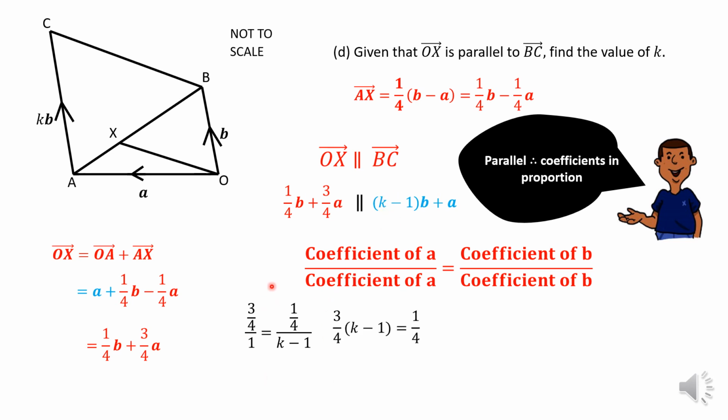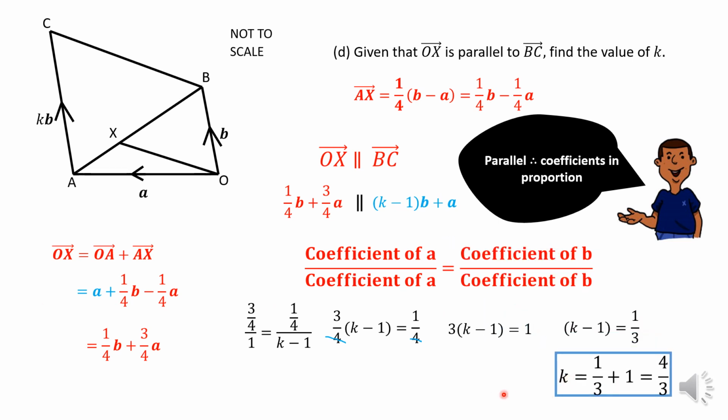The only thing left for you to do is to solve this equation. You can do cross multiplication and you eventually end up with that. What I like to do here is that once I realize that I have denominators that are the same, I can cancel those denominators and only work with the numerators, as you can see what I've done there. But whatever the method, you should definitely arrive at K equal to 4/3, or 1 1/3.